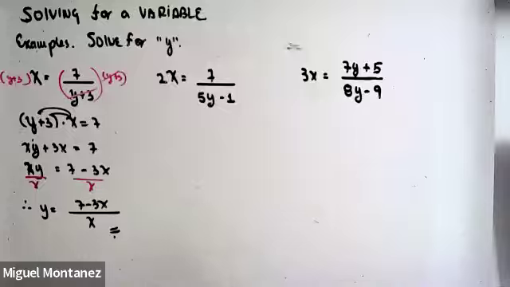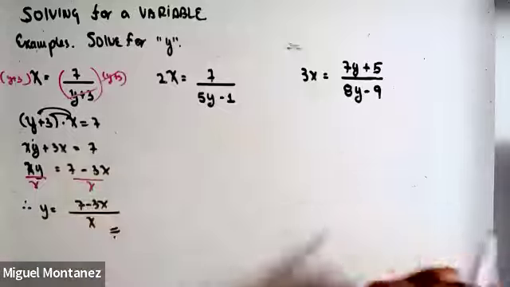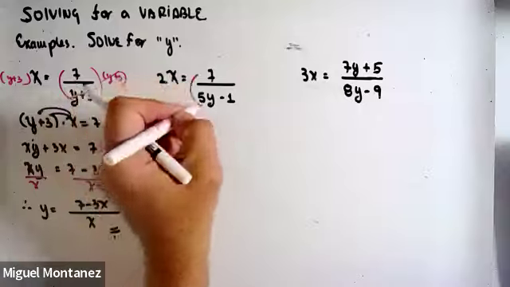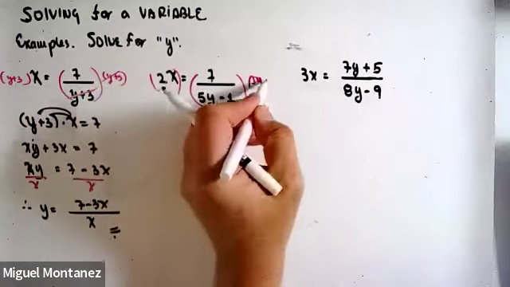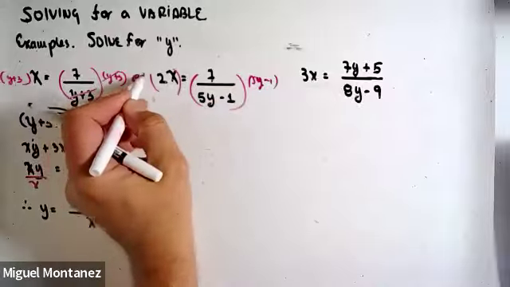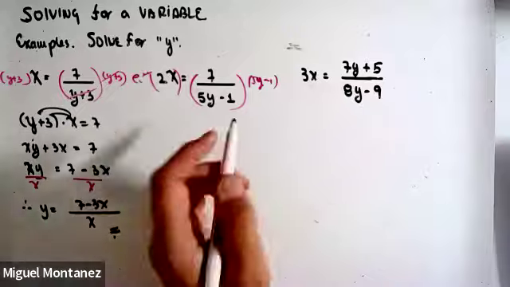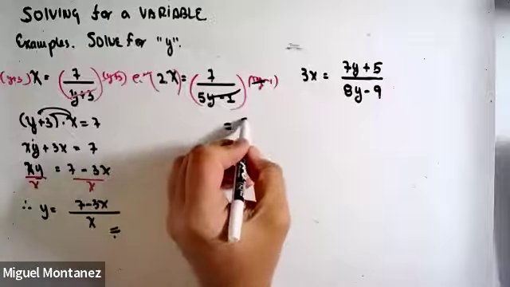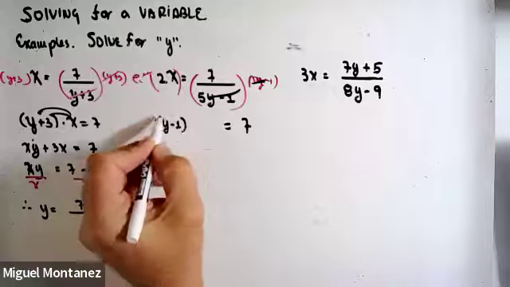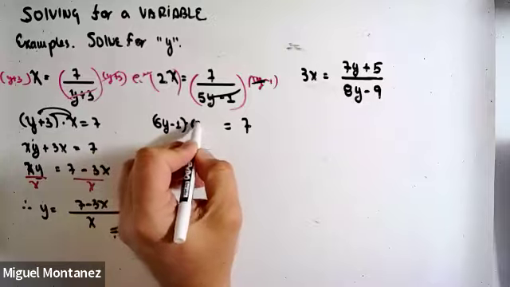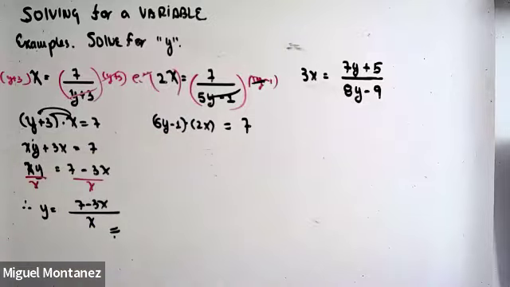Let's try this other one. Same thing, fraction, so we can multiply by the LCD, 5y minus 1, here 5y minus 1. So this over this simplifies, so we have 7 equals 5y minus 1 times 2x.